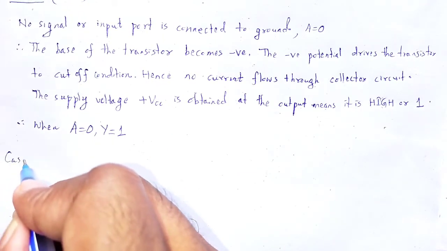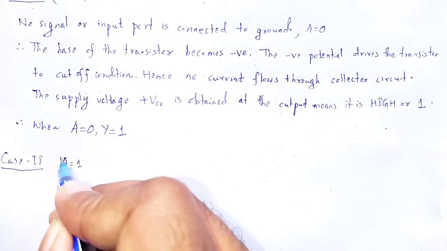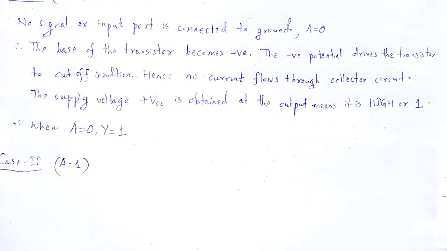Next, case number 2. When A is equal to 1, then what happened?